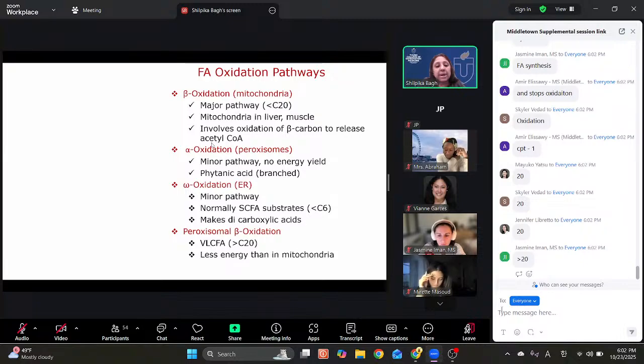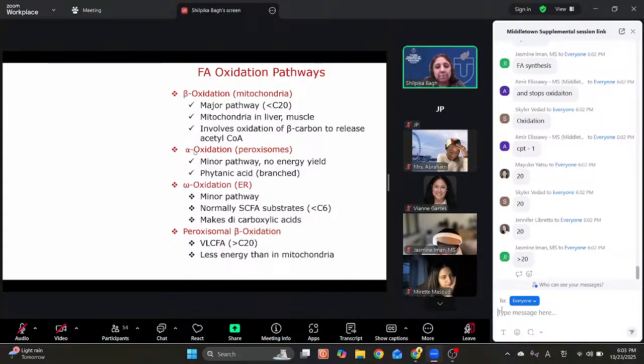Alpha is for branch chain, like phytanic acid. Alpha requires an additional enzyme known as hydroxylase. Who will tell me which disease or disorder hydroxylase defect is in Dr. Panini's lecture? Alpha is for phytanic acid, and needs a hydroxylase.